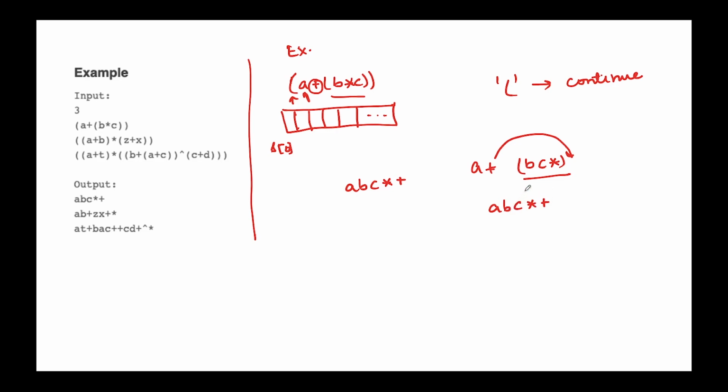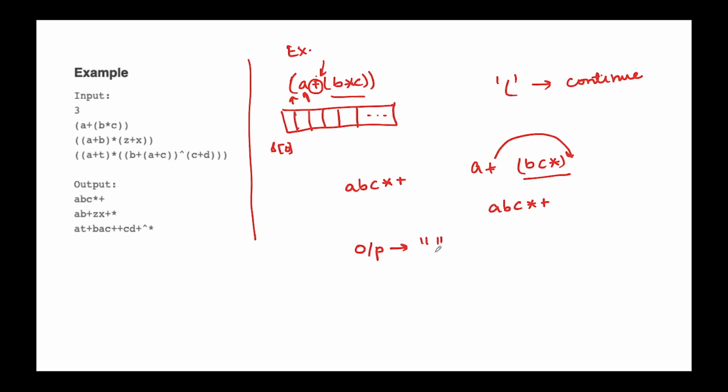So the thing that we need to take care of is that whenever we find an operator, we need to move it after the operands that we see. So we can use something which can store it temporarily, and then we can simply add it to our output string. Let's say we have an output string that we initialize as an empty string.